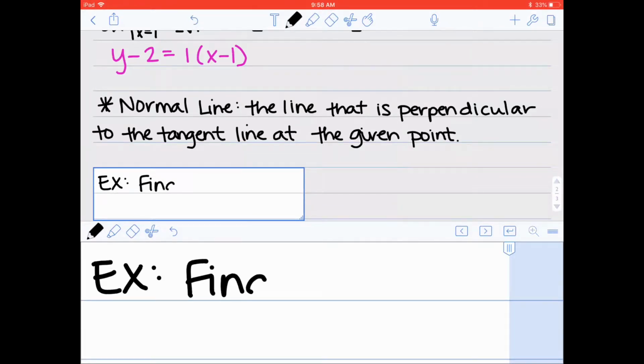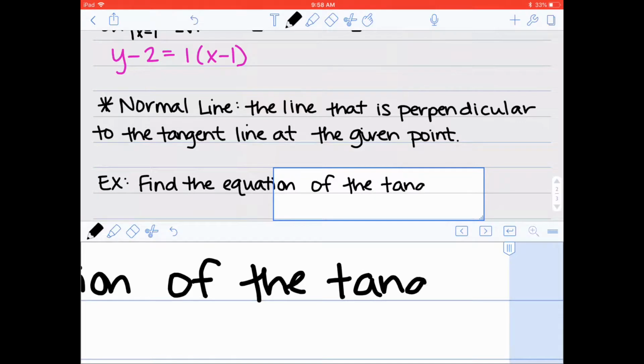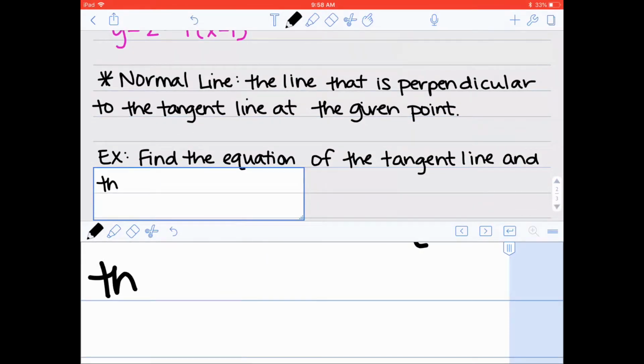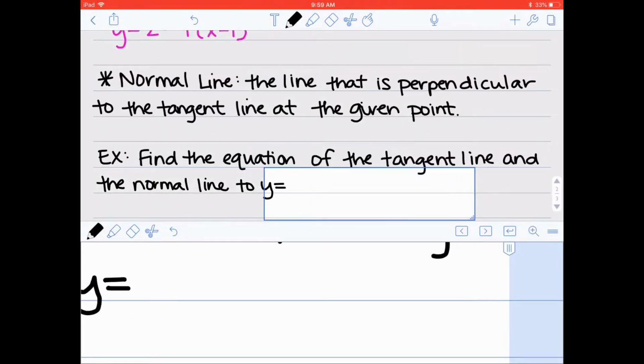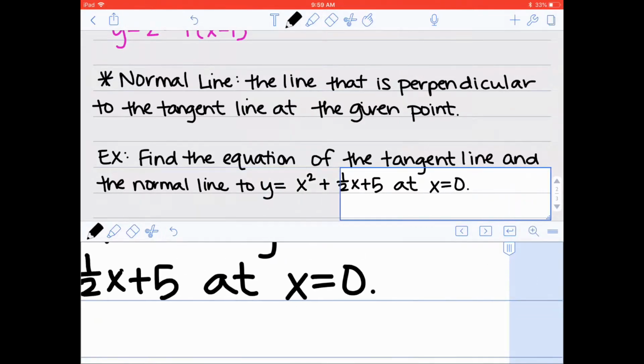Find the equation of the tangent line and the normal line to y equals x squared plus 1/2 x plus 5 at x equals 0.